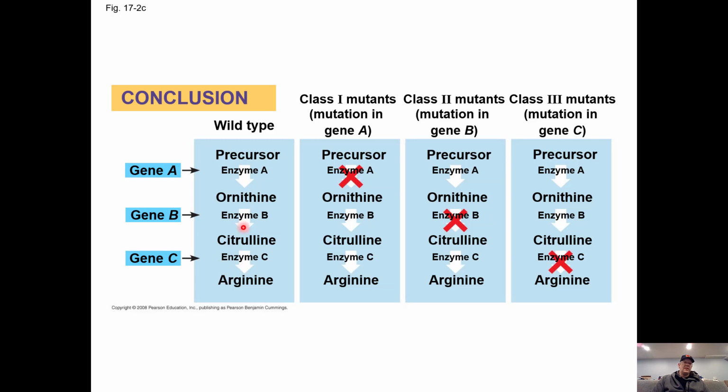And then gene C is responsible for enzyme C, which takes citrulline to arginine. Our class 1 mutants are missing a functioning gene A. Our class 2 mutants are missing a functioning gene B, and hence a functioning enzyme B, and the same with gene C. One gene, one enzyme, or one gene, one protein.